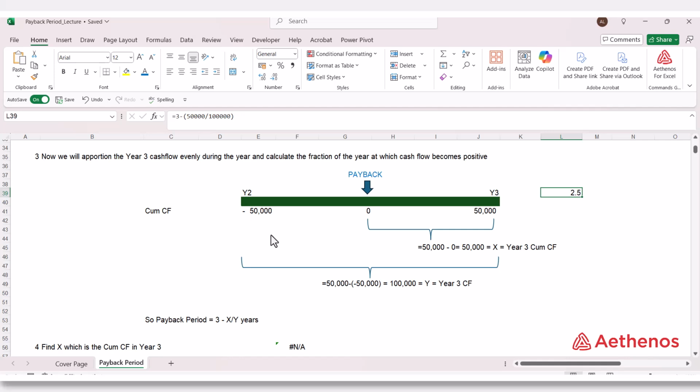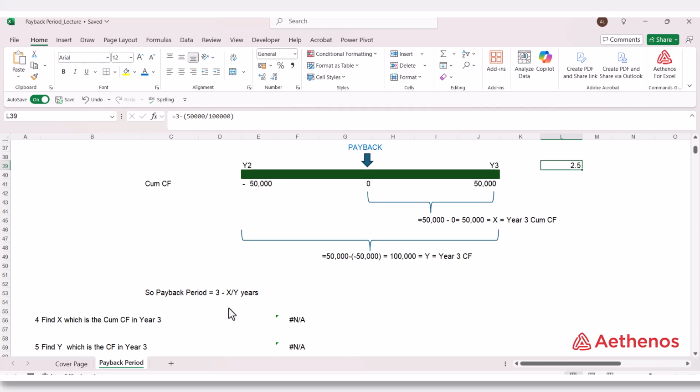And then from year 2 to year 3, the total period, we had cash flows of 100,000. So we'll call that Y. So the payback period will be 3 years minus this X, this 50,000, divided by Y, this 100,000. So that's what we did manually as well.